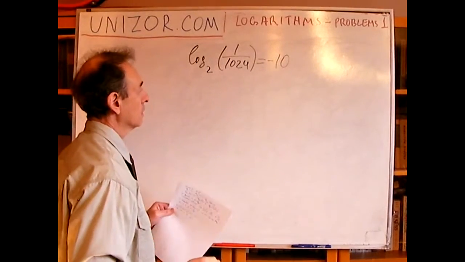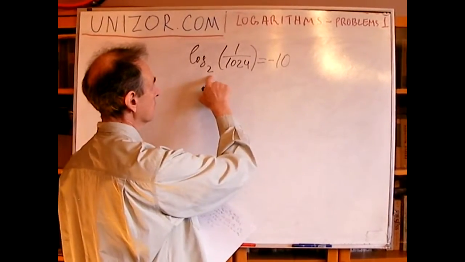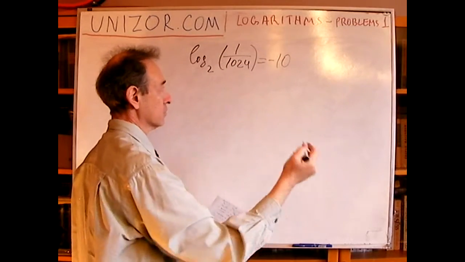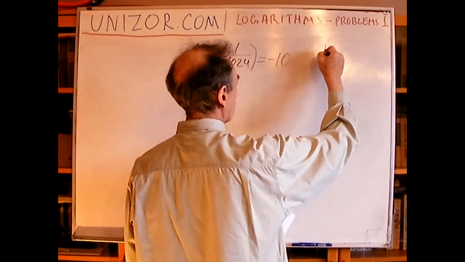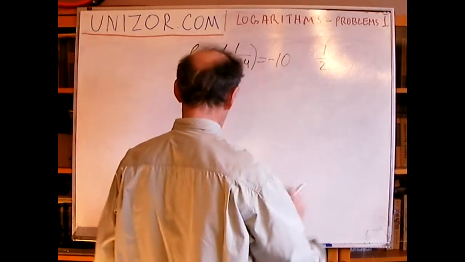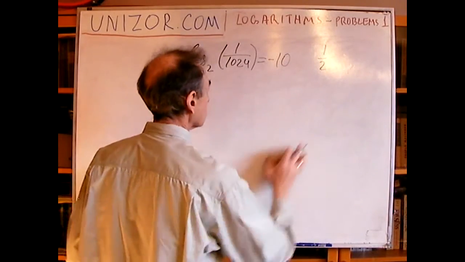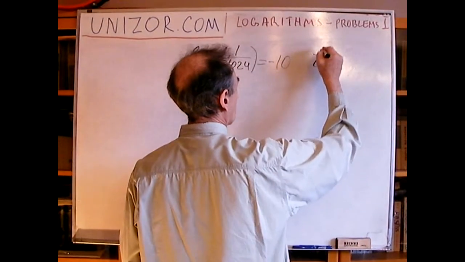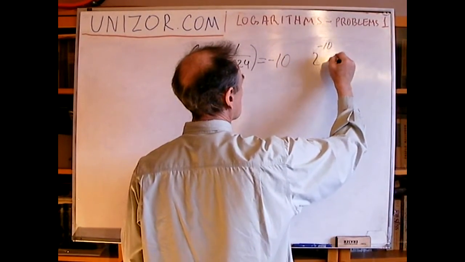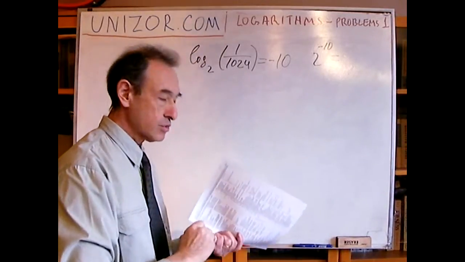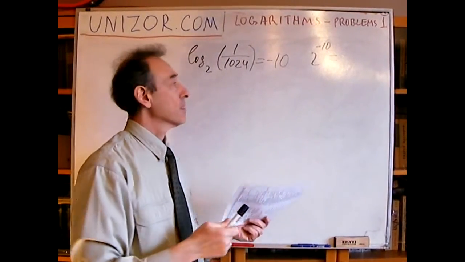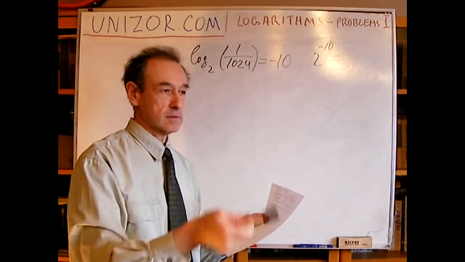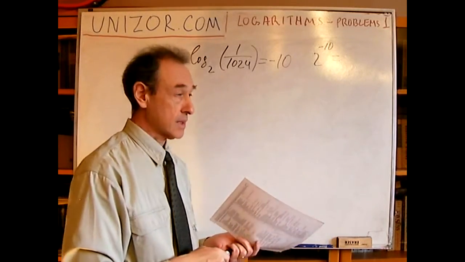Well, what does it mean? It means 2 to the power of -10 should be equal to 1/1024, right? Now, what is 2 to the power of -10? Minus means 2 should be inverted into 1/2, and then multiplied by itself 10 times.